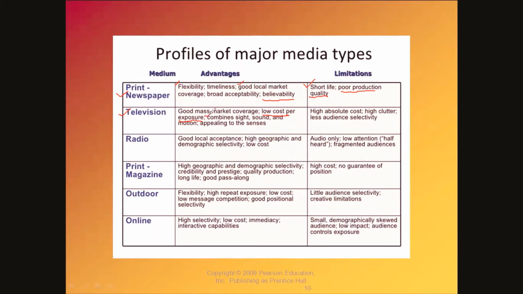And a television advertisement, or TVC, combines sight, sound, and motion. As a result, dramatization is possible and it can attract a large number of the target audience and it becomes appealing to our senses.